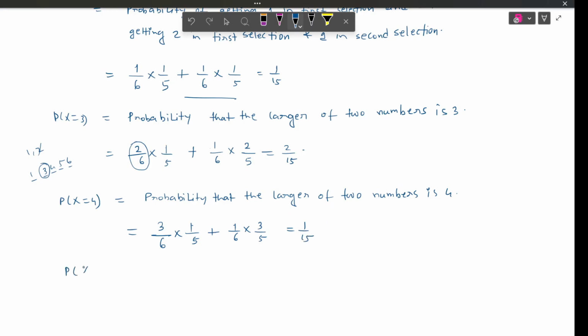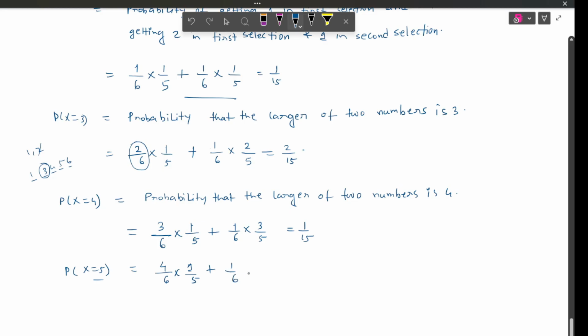Similarly, you can calculate probability of x equals 5. That means in the first row you can get less than 5, that is 1, 2, 3, 4 out of 6. In the second row you get 5, that is 1 upon 5. And in the second case you get the number 5 in the first row and you get less than 5, that is 1, 2, 3, 4, that is 4 numbers out of 5 numbers.